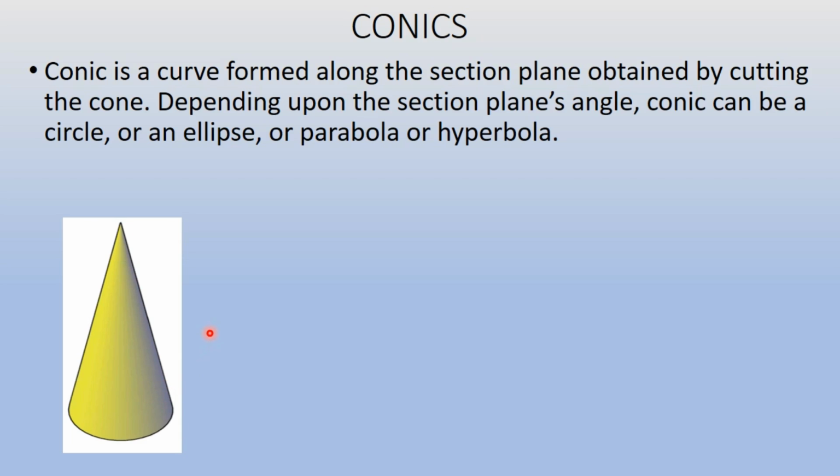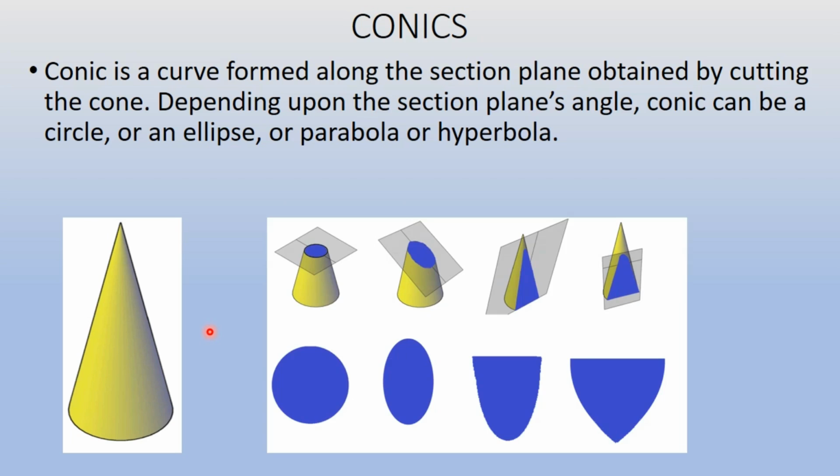Let us say it has been cut by a section plane, and that section plane was at different angles. So the first case here, section plane parallel to HP, as we have seen already. As you can observe a shape here, and this is called circle from our earlier classes.